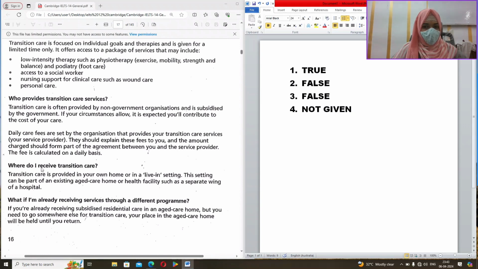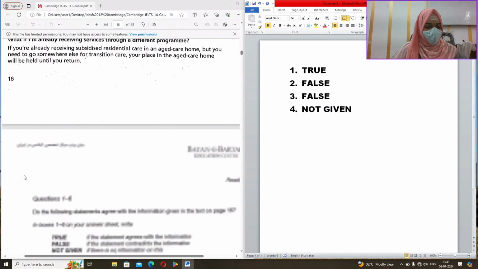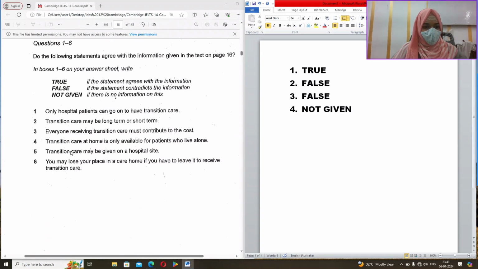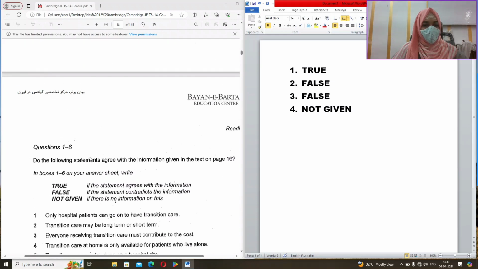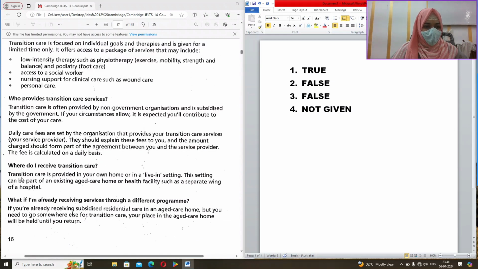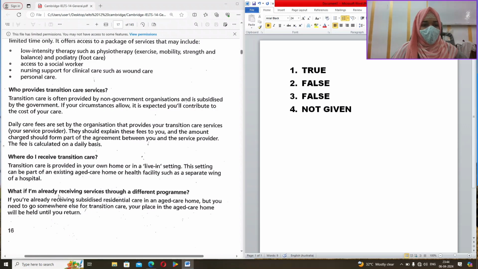Hospital site. Transition care is provided in your home or live-in setting. This setting can be a part of an existing aged care home or health facility such as a separate wing of a hospital.